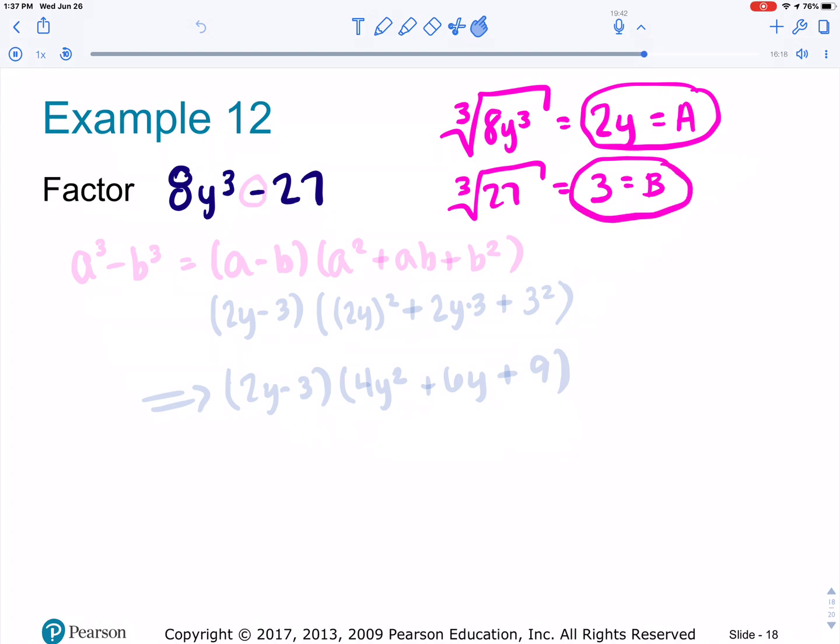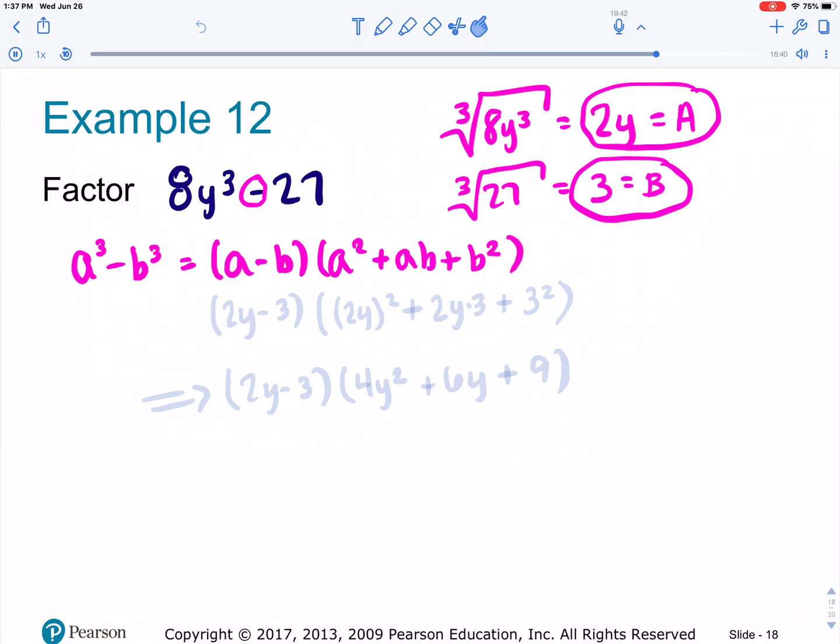Okay, next step is I've got to figure out which pattern. Because it's a minus right here, I'm going to use the a cubed minus b cubed pattern. So it's going to be a minus b, a squared plus ab plus b squared.